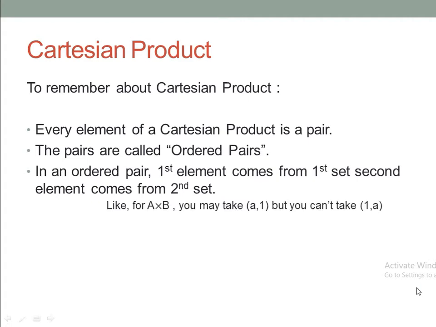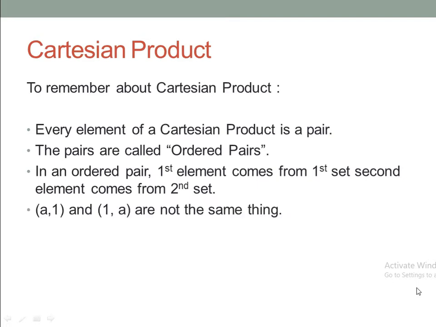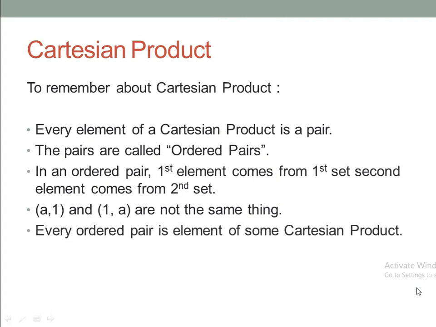Like for A cross B, you may take (a, 1), but you cannot take (1, a) for the previous example. (a, 1) and (1, a) are not the same thing. Every ordered pair is element of some Cartesian product. If an ordered pair (a, b) is equal to another ordered pair (x, y), then a is equal to x and y is equal to b.